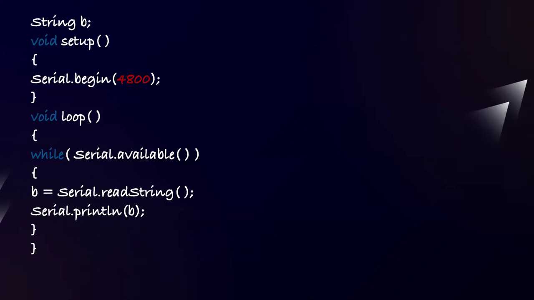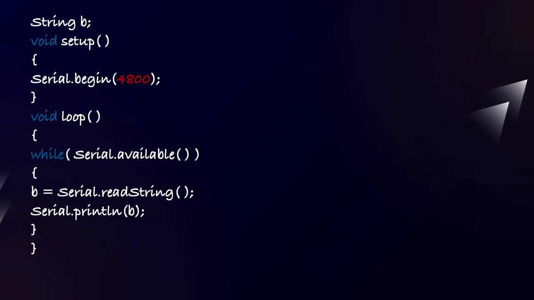So while Serial.available(), b equals Serial.readString(), that is reading the string, and Serial.println(b). Now we can print b. This is how we can code using Serial.begin and the Serial.readString command.